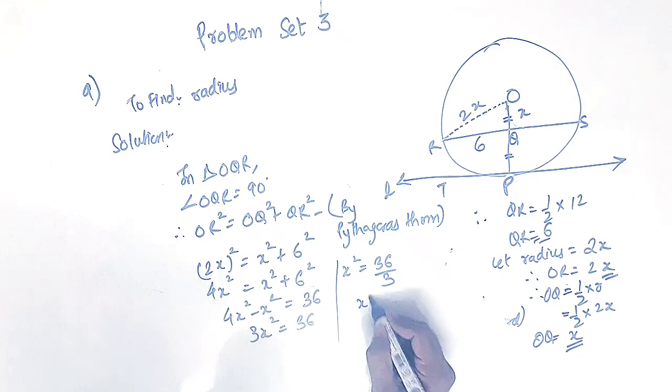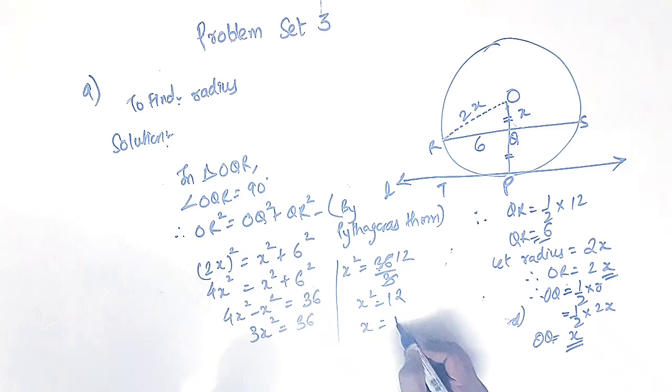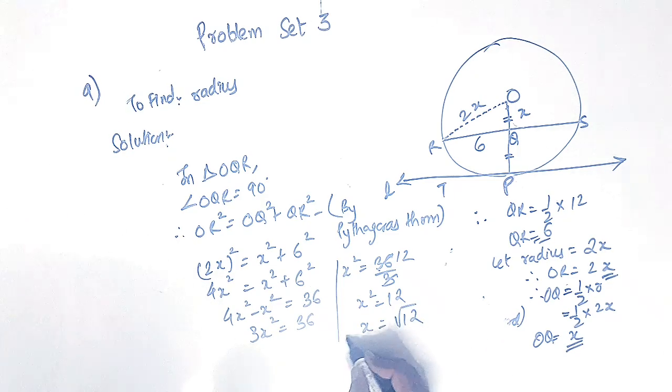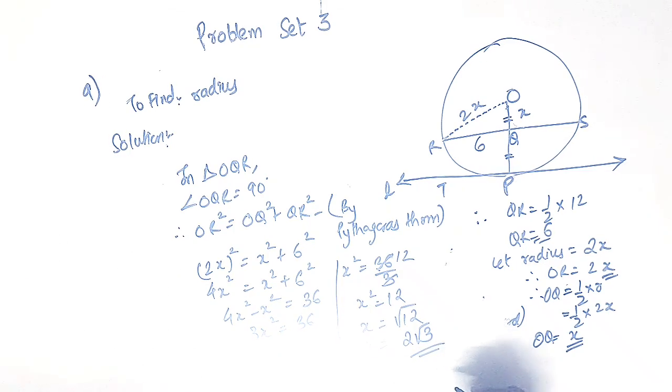So x square, you know 3 12s are 36. x square we got 12, so x I'll write root 12. What is further root 12 if I make it a mixed surd? It will be 4 3s. So root 4 3s is 2 root 3. Correct? It is 2 root 3.